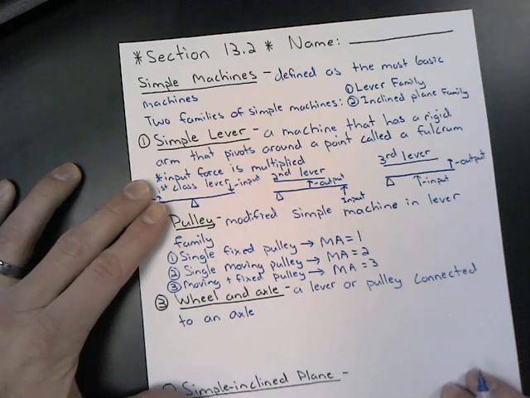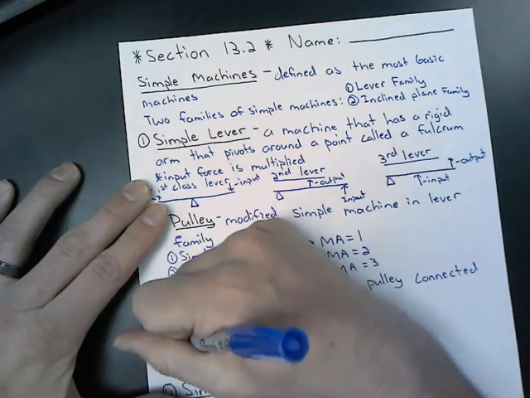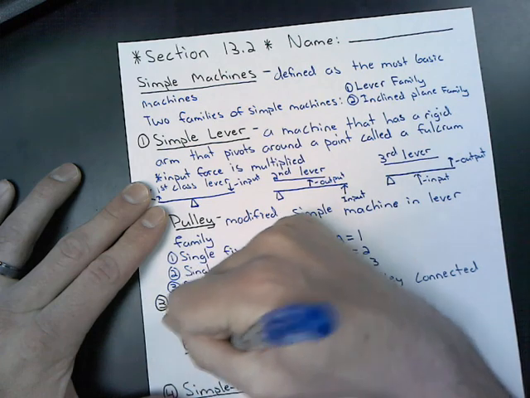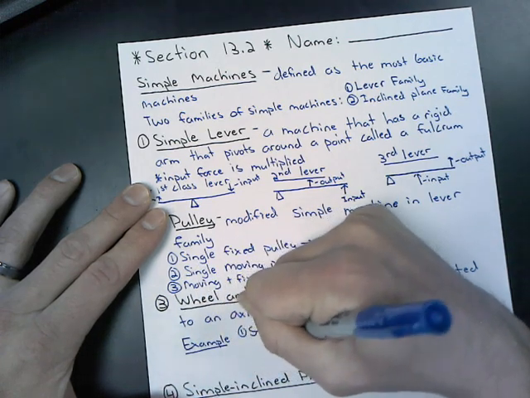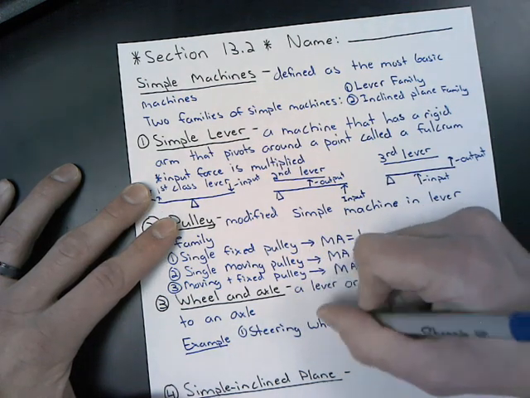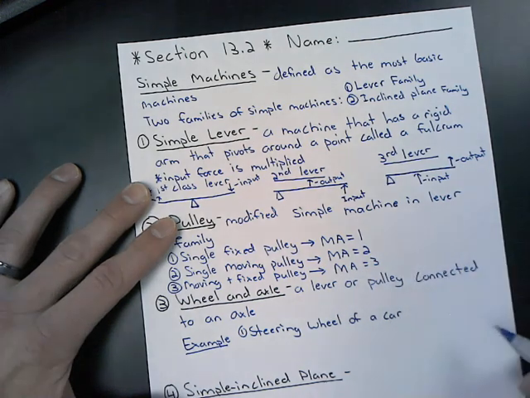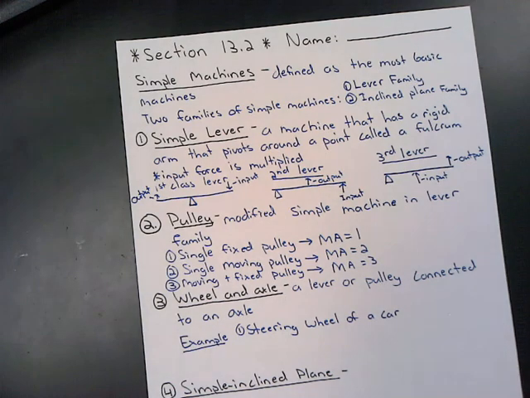So, a great example of a wheel and axle is this. Well, actually, I got 2 examples here. The first example is the steering wheel of the car. As you turn that steering wheel, your car tires actually rotate and move in a pretty dramatic fashion.